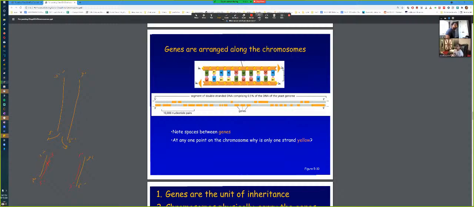So essentially, let's say the gene is here. Then here is the complement for that gene. If this is A T, this would be T A, right?